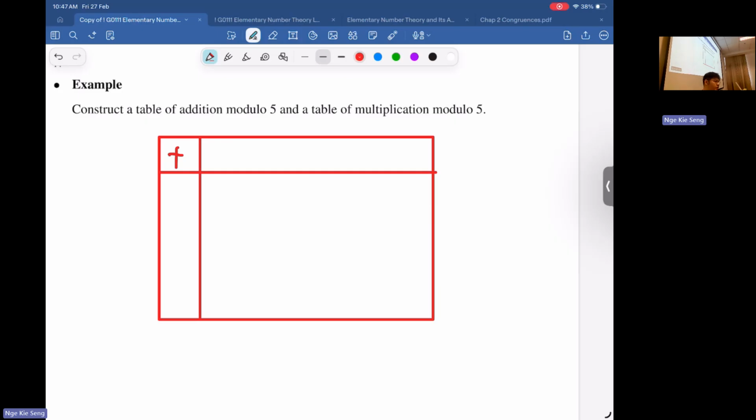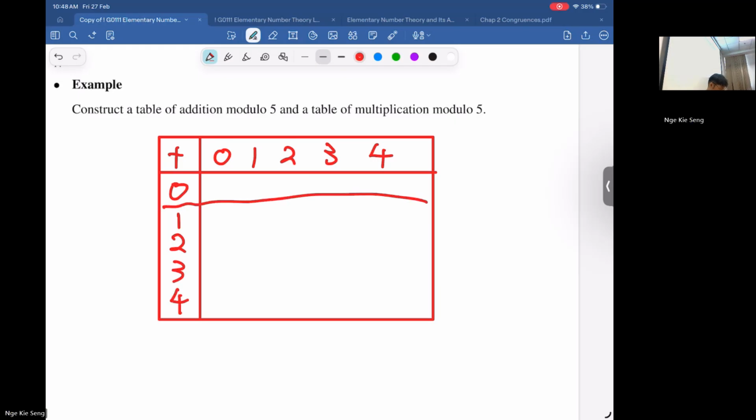Everything reduces to modulo m, so what's the complete system here? There are only five elements: 0, 1, 2, 3, and 4, up to n minus 1. So there are n elements because you start with 0. You write down all the possibilities and how they end up.